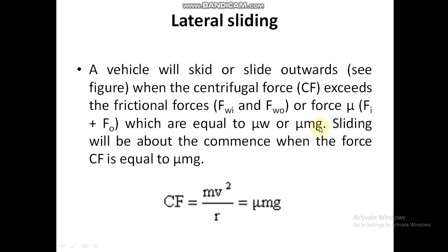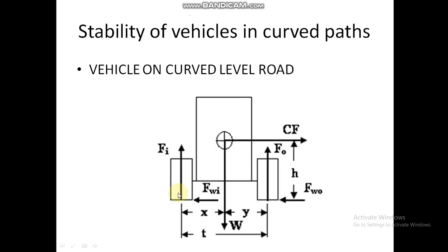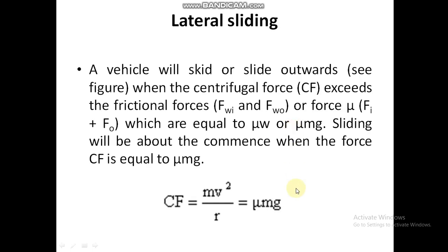So sliding will be about to commence when the force CF is equal to mu mg. Means when this centrifugal force, which is acting in right direction, becomes equal to mu mg, then your vehicle will be about to slide.